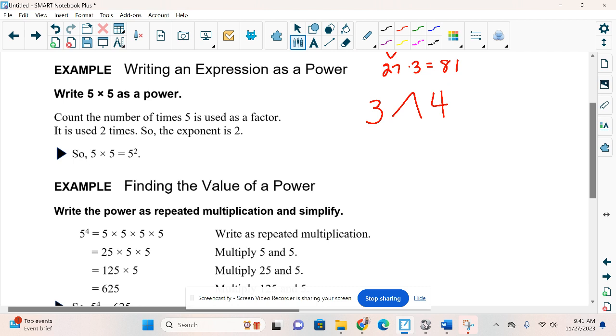So if I have 5 times 5, I can shorten that into an exponent because it's just repeating itself. Okay, if the number is repeating itself with multiplication, then you change it to an exponent. My base is the number that's being repeated. So what number is being repeated here? 5. And how many times is it being repeated? 1, 2. So it equals 5 to the second power.